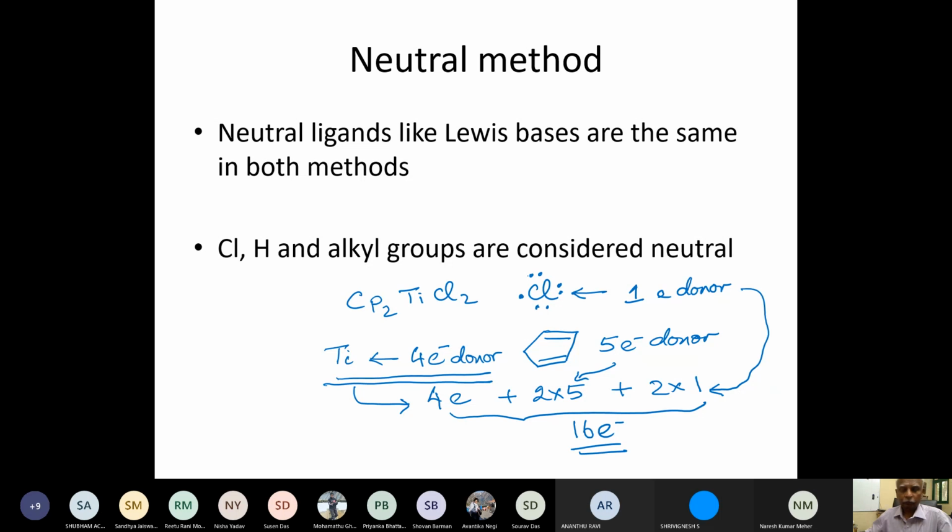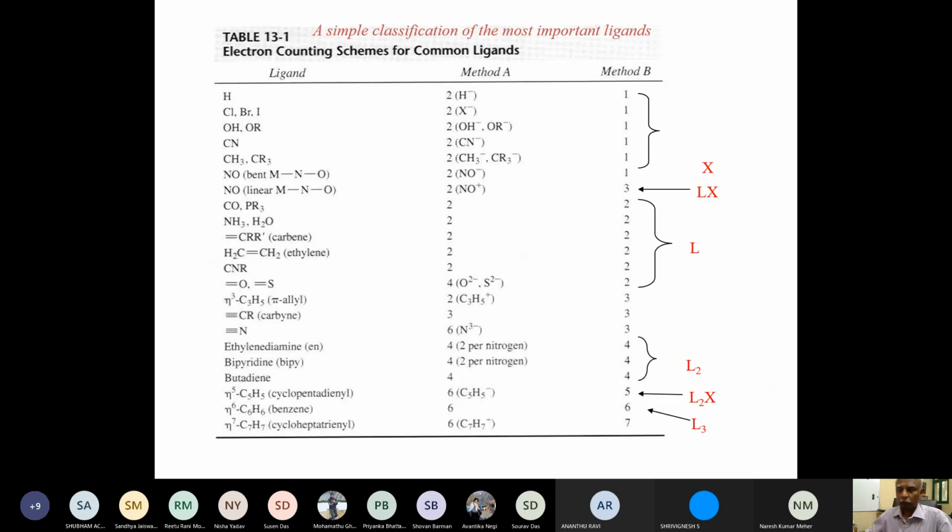So let's go to a table where I have listed for you all the ligands. And I have to quickly rush through this now. This is the ionic method. This is the neutral method. So you do not have any difference when you come to Lewis bases, simple Lewis bases.